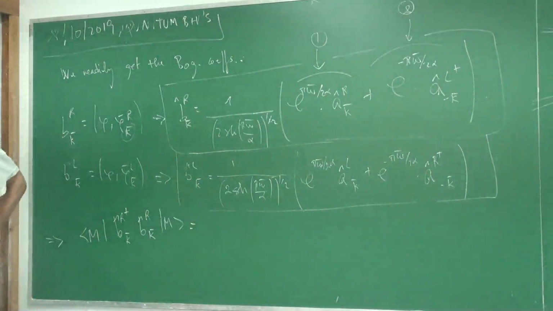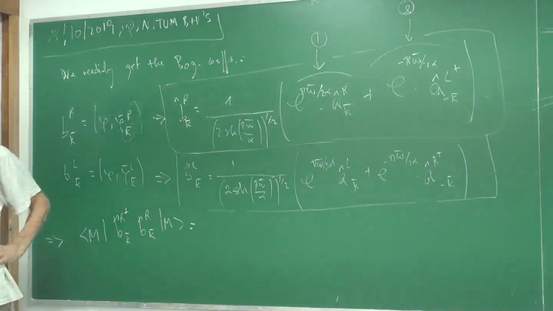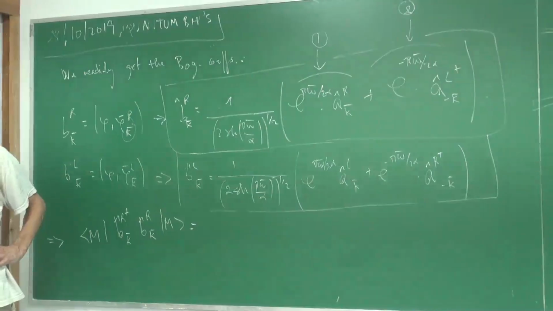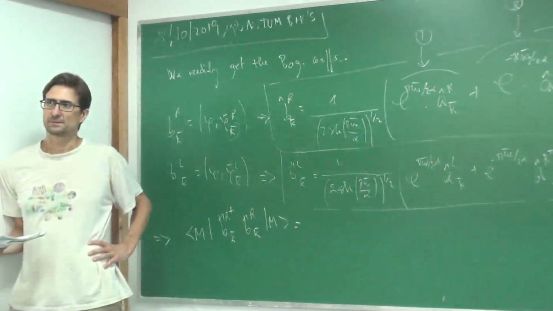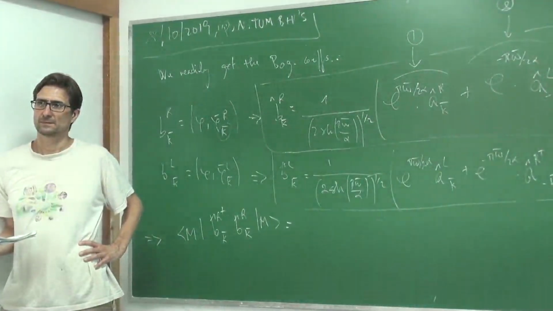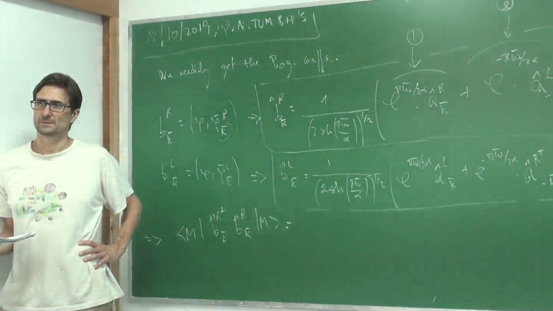Does anybody know the answer to Kessler's point? This is actually the number of particles in the Minkowski vacuum. This is something like an observer in the right Rindler wedge.